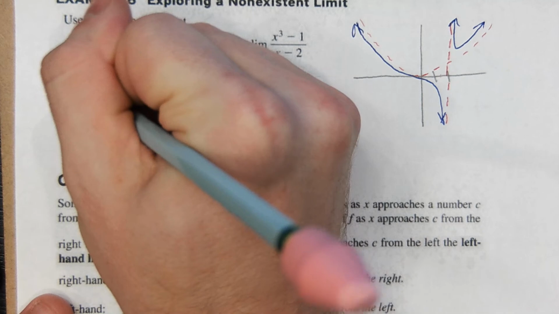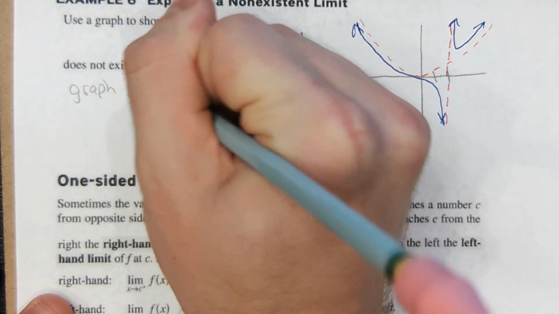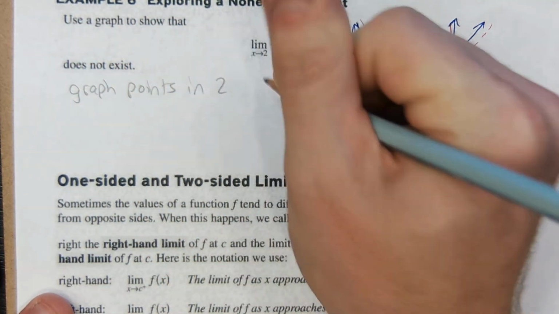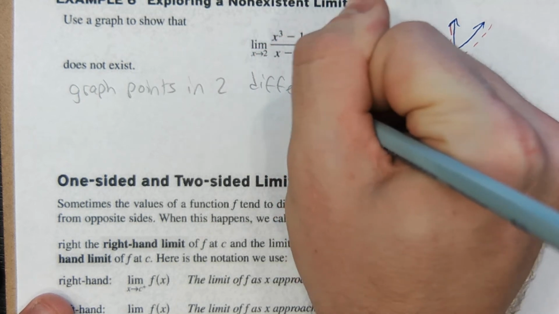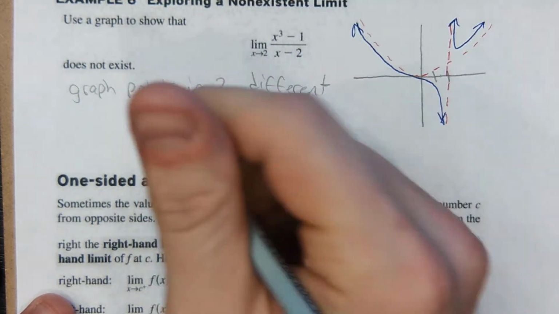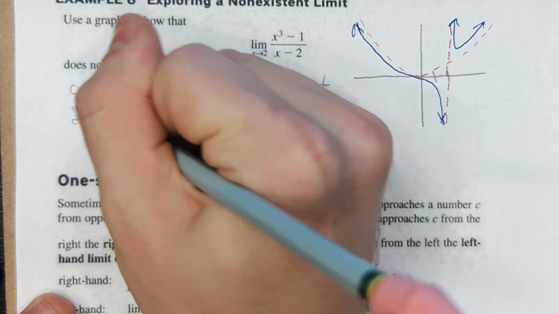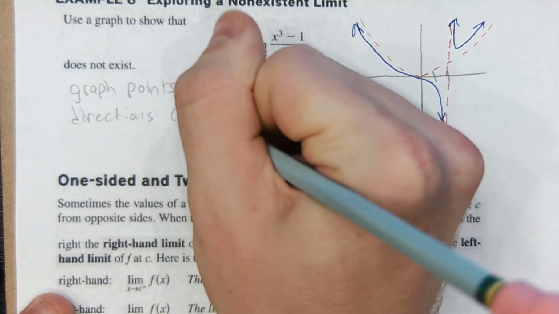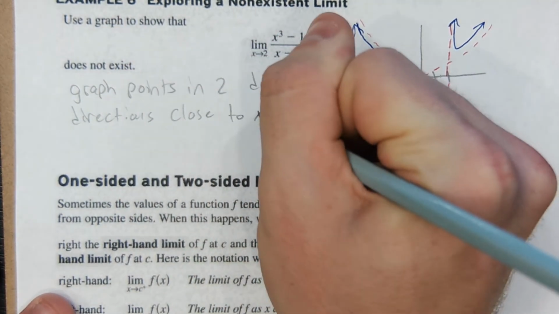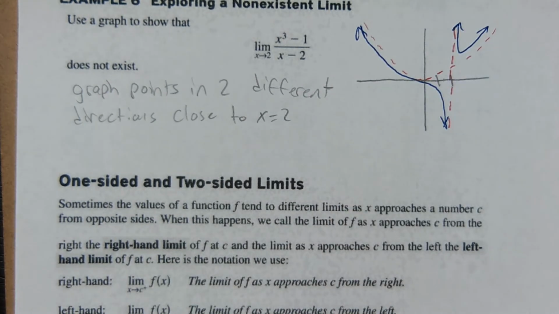Basically, the graph points in two different directions close to x equals 2. I mean, I can't say at x equals 2 because it doesn't exist at x equals 2, so it's close to x equals 2.